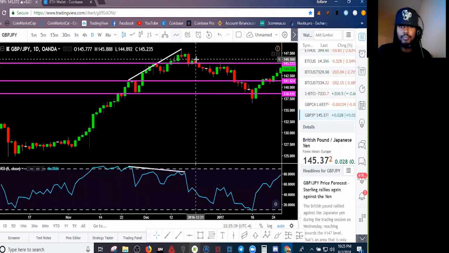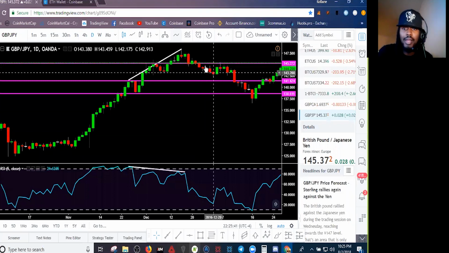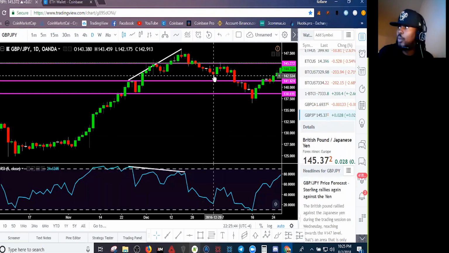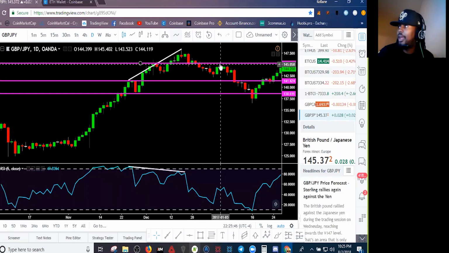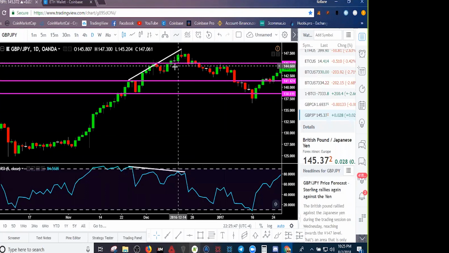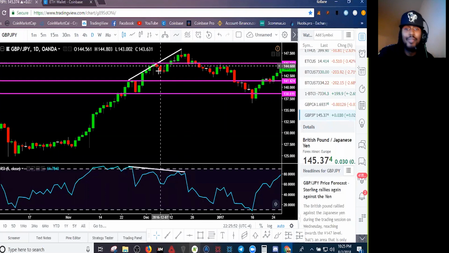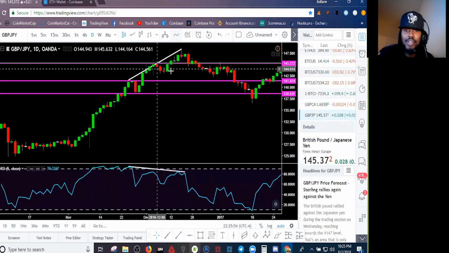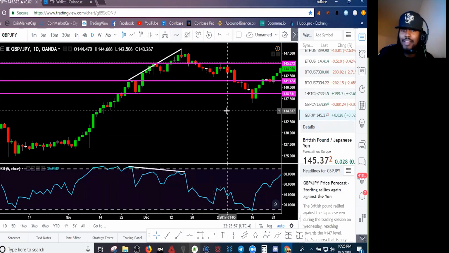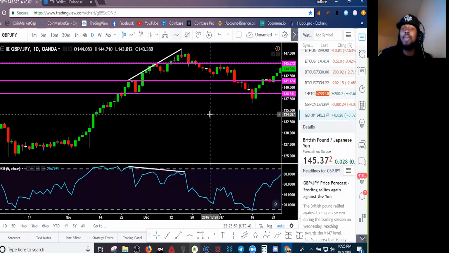Okay? Just because this broke doesn't mean it's going to continue falling. We want to see some price action come back up and push away from this previous area. And essentially what happens is, like Nathan was saying, this right here almost looks like a head and shoulders. You have a shoulder, head, shoulder, drop off kind of thing happening. So you have to just be patient to let it happen.